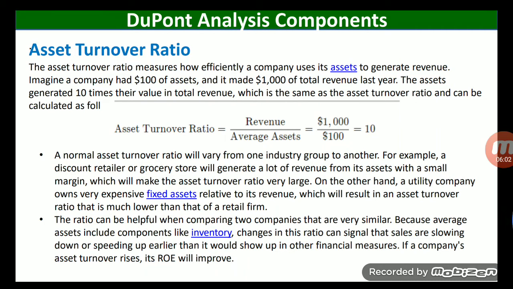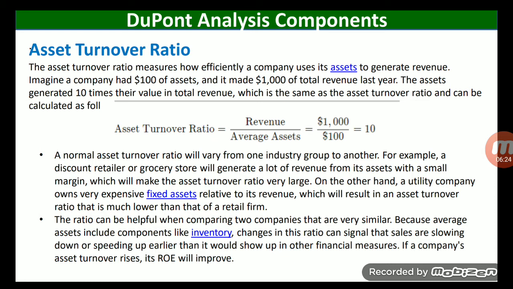The next component is the asset turnover ratio. The asset turnover ratio measures how efficiently a company uses its assets to generate revenue. Imagine a company had $100 of assets and it made $1,000 of total revenue last year.